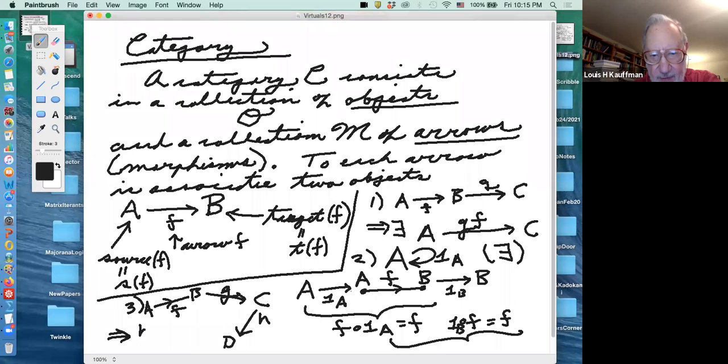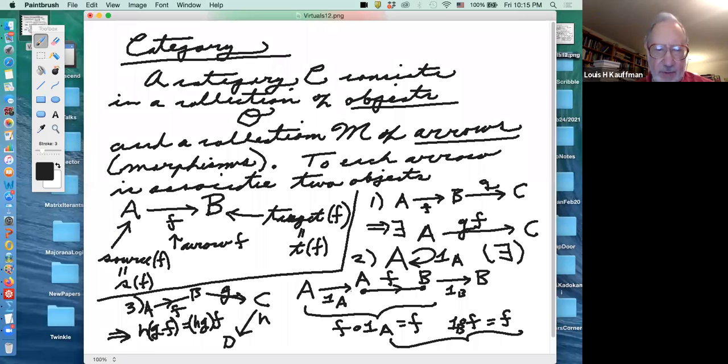You have HGF, writing it in composition order, but it could be H applied to GF, or it could be HG applied to F. And the third axiom is that it's associative. Composition of arrows is associative. And that's a category.